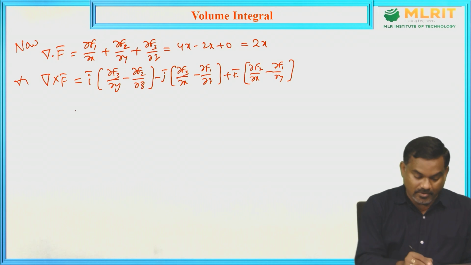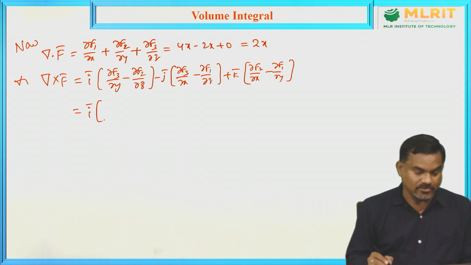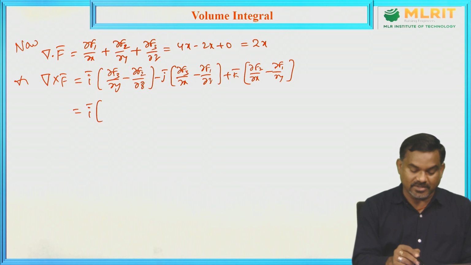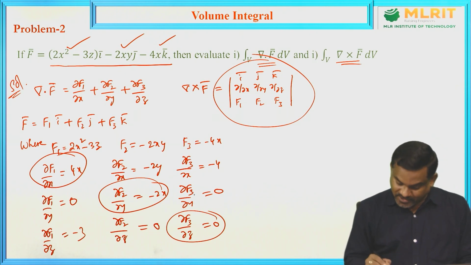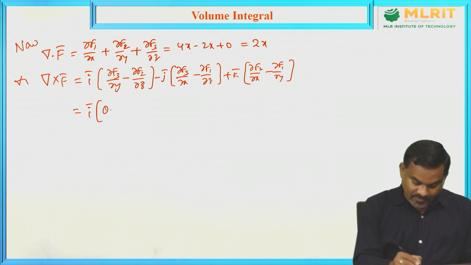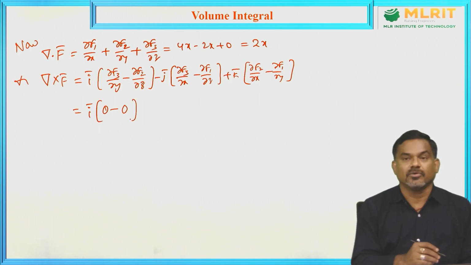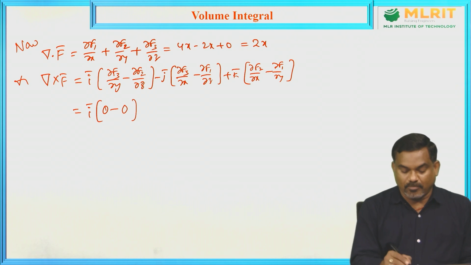So let us substitute all these values. That's why we have calculated these 9 partial derivatives. Now first f3 with respect to y is 0, f2 with respect to z is 0. So there is no x component.